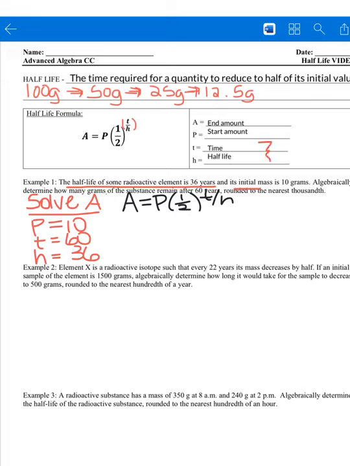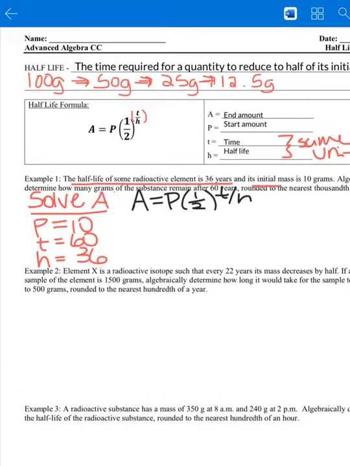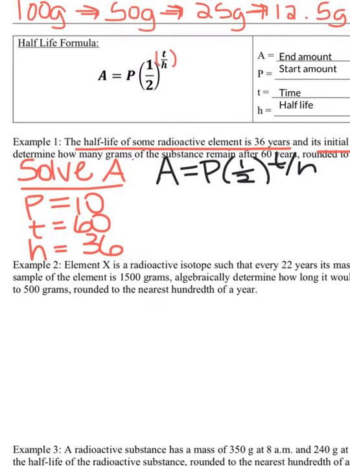T and H, they don't have to be in years, but it has to be the same unit. Okay, so if it says that the half-life is hours, then the time should be talking about hours. Not a big deal though, don't panic about that. So when we plug this in, we have A equals P is 10 times 1/2 raised to the T is 60 divided by 36.